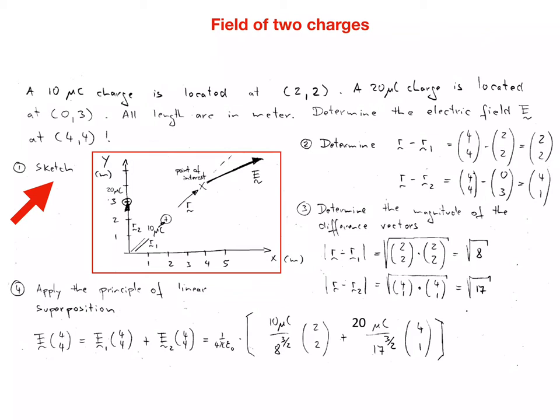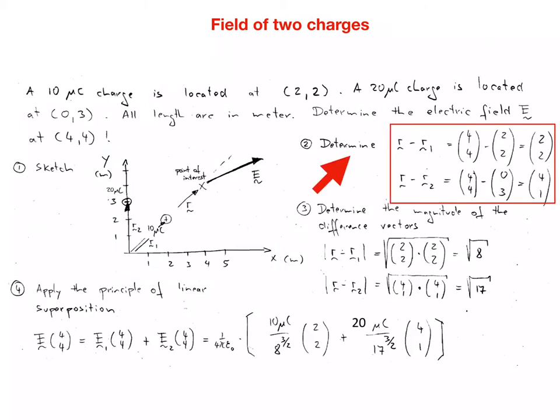Following the strategy outlined a moment ago, the first step to the solution is a sketch. Since both charges are positive and to the left of the point of interest, it can be expected that the electric field vector points towards the right, maybe in the direction of 2 o'clock.